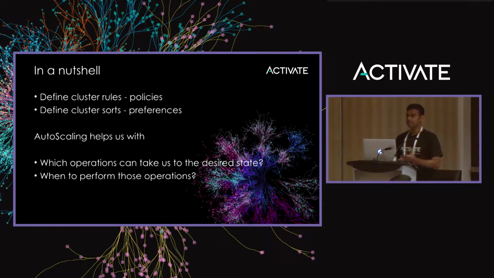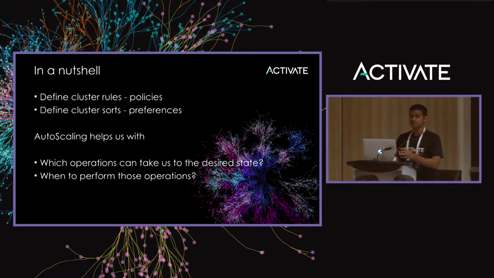So, some terminologies in a nutshell. Anything that you define as a rule in Solr is called a policy within the framework. So I'm going to define a rule to do something like don't allow a certain operation on a certain node. That is a rule. Now, anytime you want to sort the nodes in a given cluster to figure out which one is the best eligible candidate, that is broadly defined in the syntax as preferences.